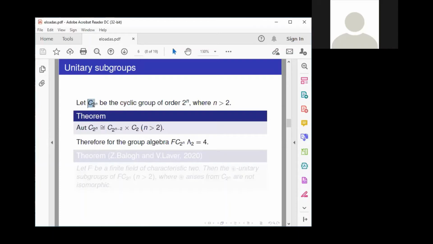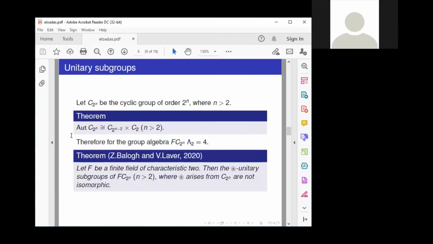I will use C2 to the power n for the cyclic group of order 2 to the power n, and I will suppose that n is greater than 2. It's well known the automorphism group of the cyclic group is isomorphic to this direct product. And it's easy to see that this will be the value of lambda 2 for this special case.